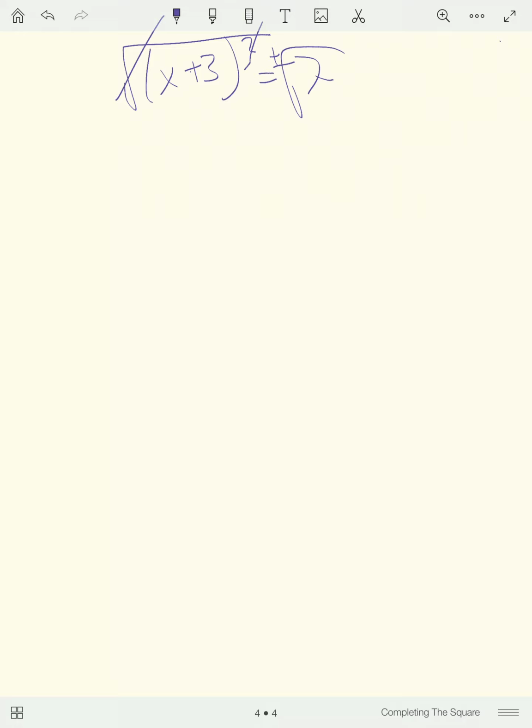So we've canceled the square on the left side. Let's rewrite. We have x plus 3 equals the positive or negative square root of 7, which is not going to be a nice number, so we're going to leave it like that.